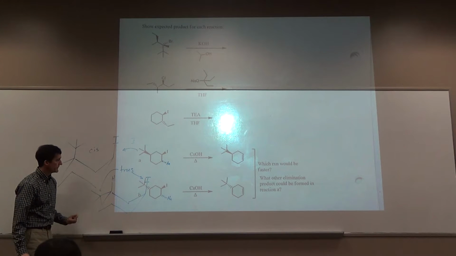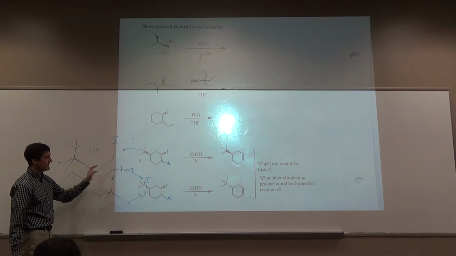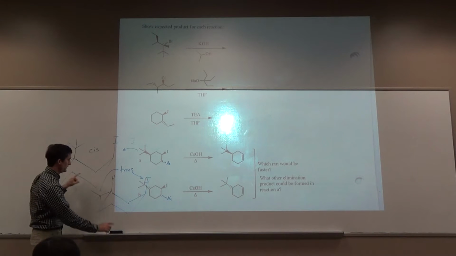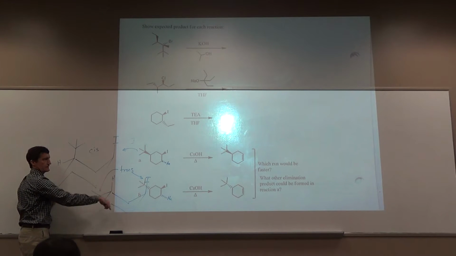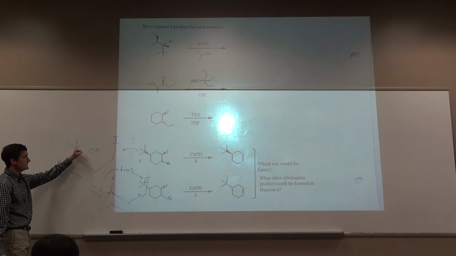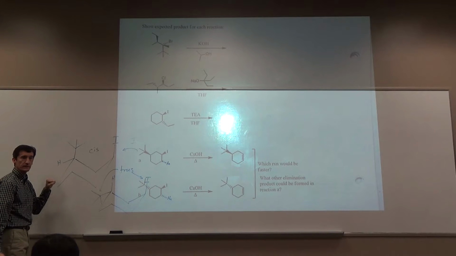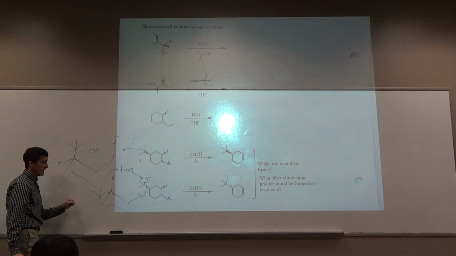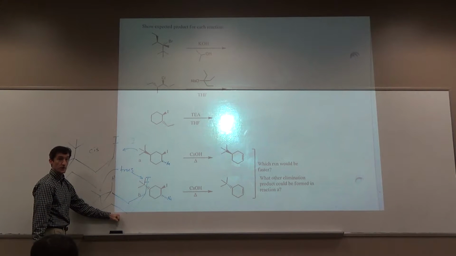Look at this. This has to be axial to eliminate. Which one of these is more likely to exist like this? Top or bottom? It's going to exist like this more often.